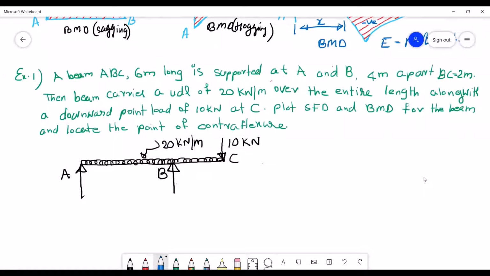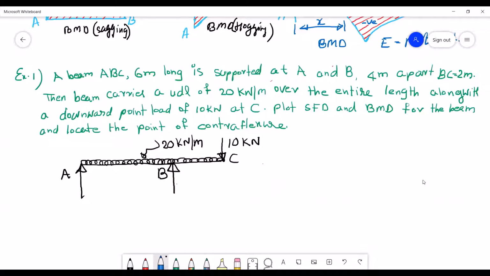See, an example is here. A beam ABC is given, 6 meters long, supported at A and B. Supported at A and B means that AB is simply supported and 4 meters long.